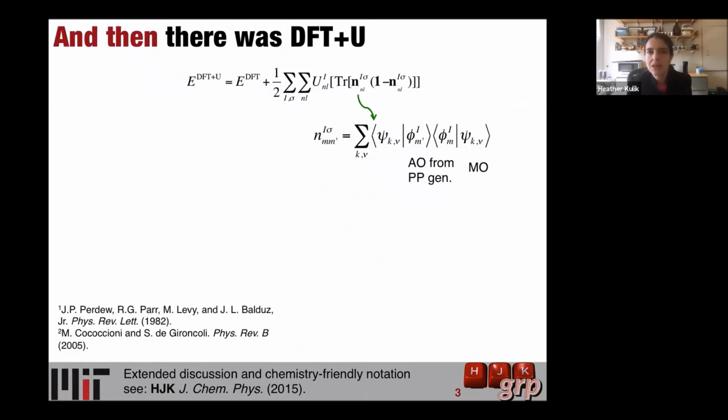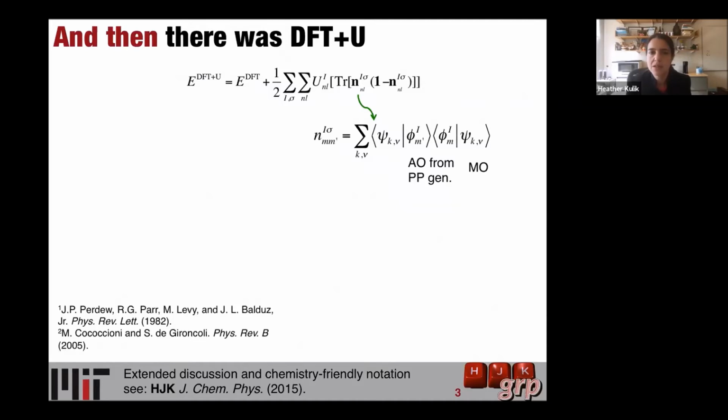And that tells us what the occupations are in our DFT+U calculation. And so these atomic orbitals, phi, typically come from the pseudopotential generated, so they can be sensitive to the pseudopotential you pull off of the website.